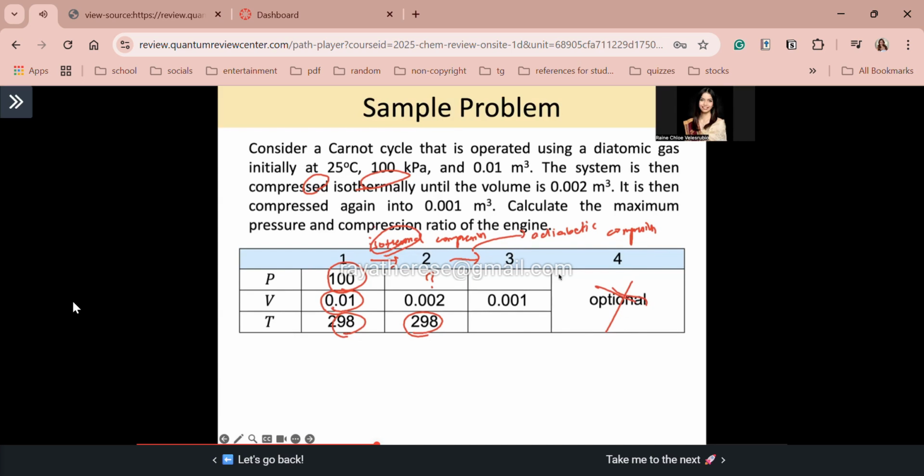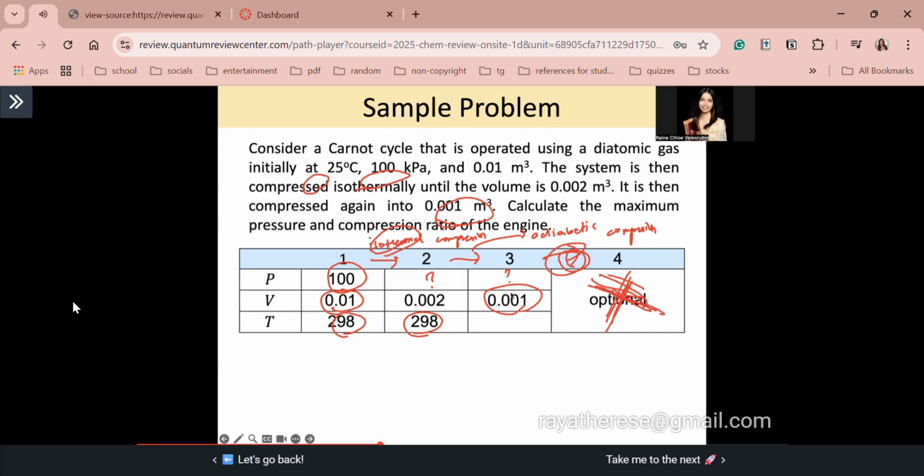Kasi, guys, pwede na natin ito i-solve na problem na hindi kailangan si 4. Okay? Pero if we know the Carnot cycle, okay, then we would know that 3 to 4 should be isothermal expansion. Okay? But again, we don't need that. Okay? So, i-so-solve lang natin ay yung values ni P, V, and T based on these steps. Okay? So, for after adiabatic compression, ang given lang natin ay si volume, which is equal to 0.001 cubic meters. Ito. Okay? Clear, guys? Ayan.